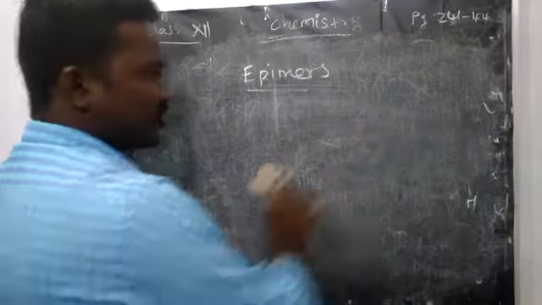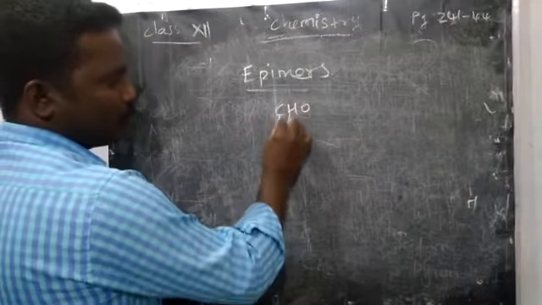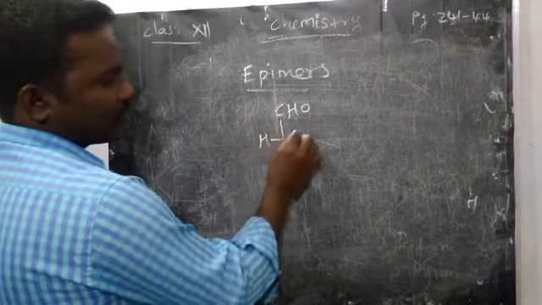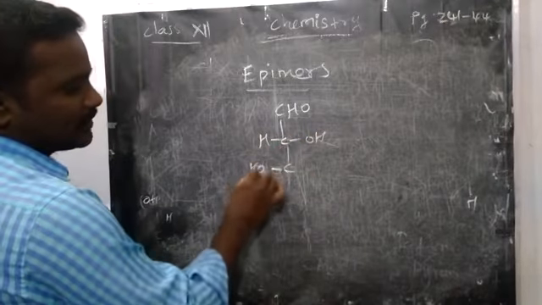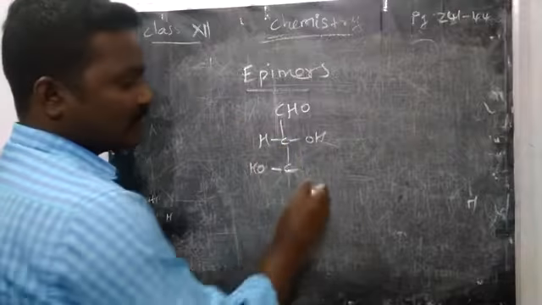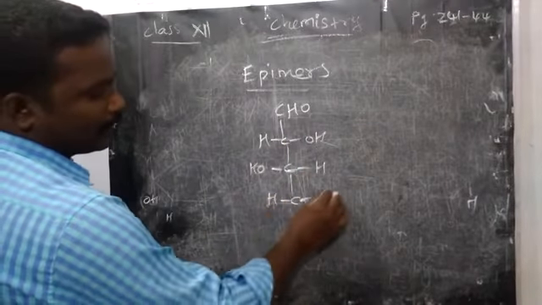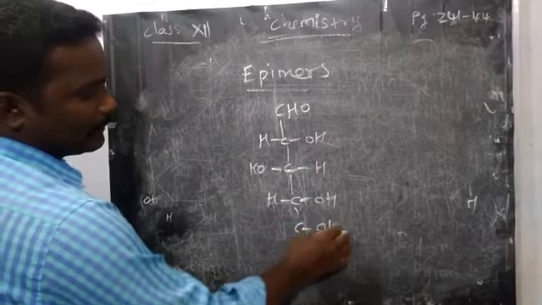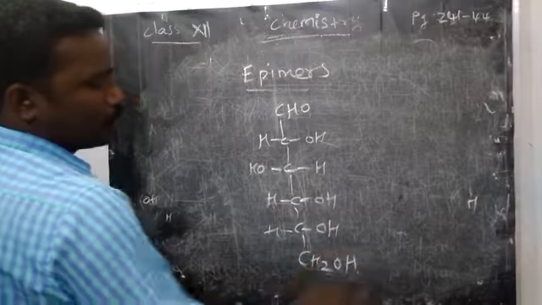We can see the structure of epimers also. So D-glucose, how do you write it? CHO, H, OH, OH. See, you should not change H, OH. That is very important. As per the book you should write it. This is called D-glucose.